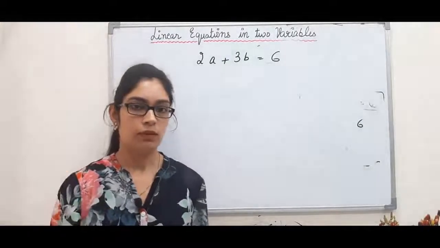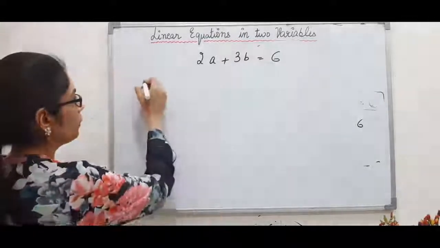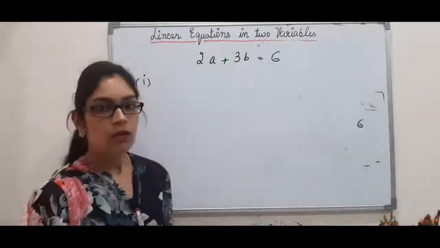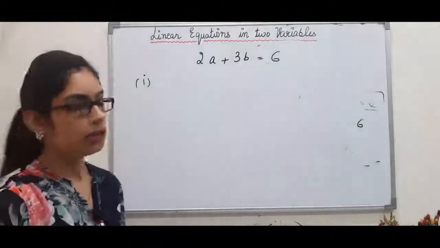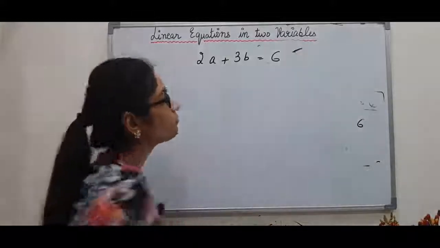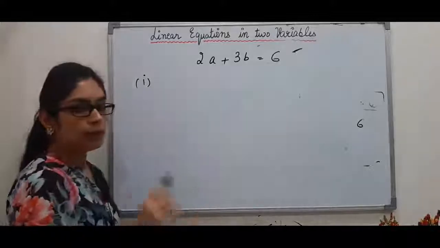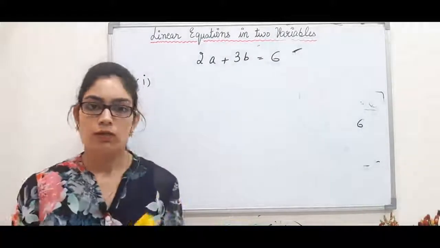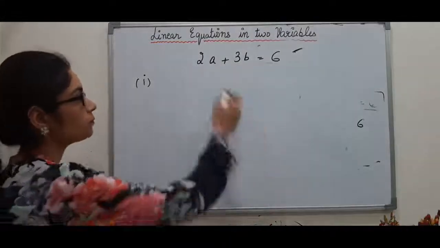Whenever you have to solve equations, these two things you always have to remember. This is for all equations, not only for two variables, whether it's a linear equation in one variable or in two variables. You should always remember these two points.